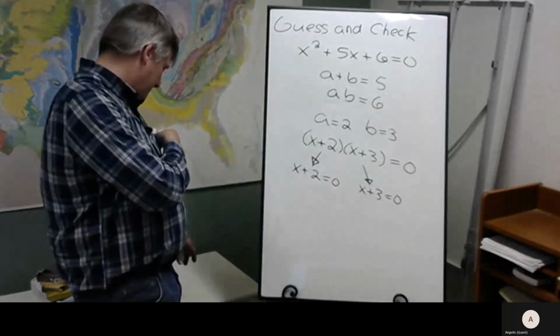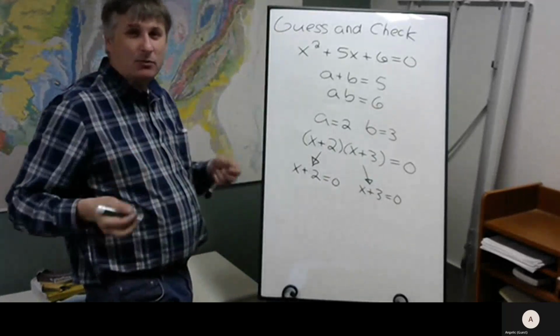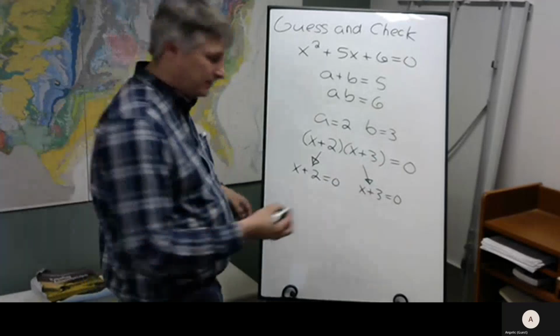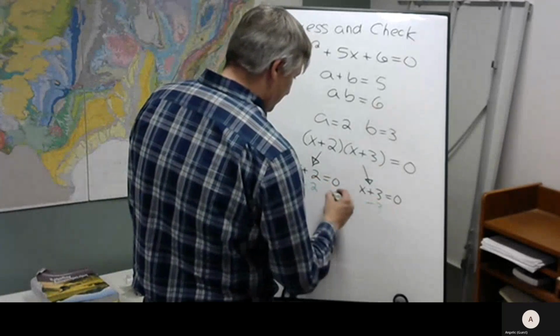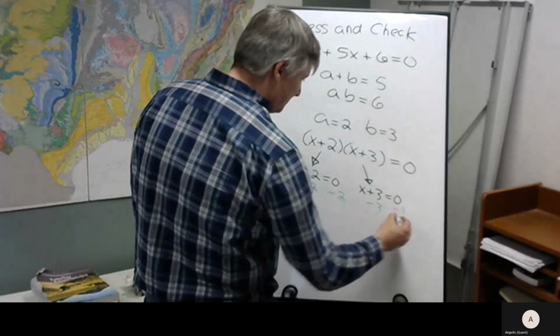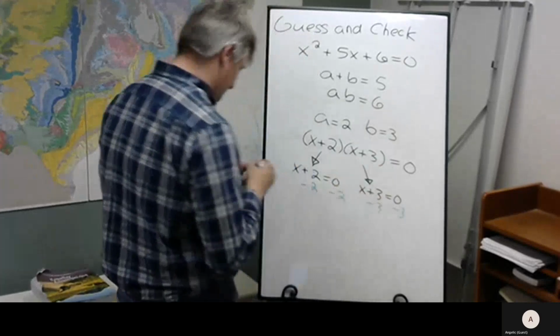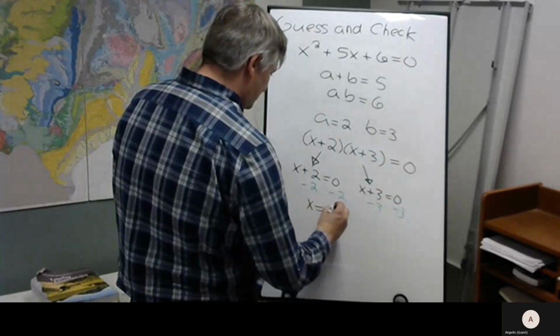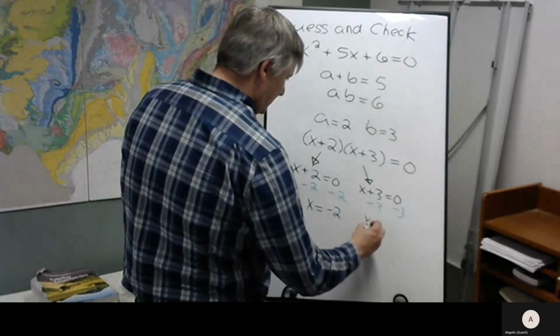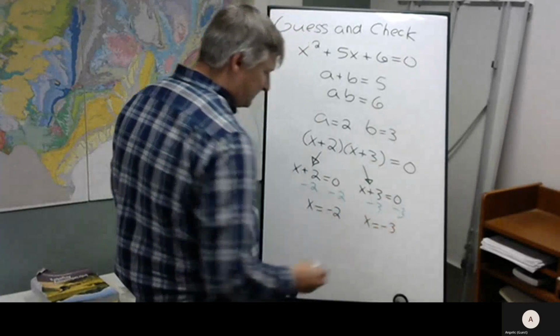And then the way you solve, for adding 2, we do the opposite, we subtract 2. Same with this, subtract 3 from both sides. And so we'll get x is -2, x is -3.